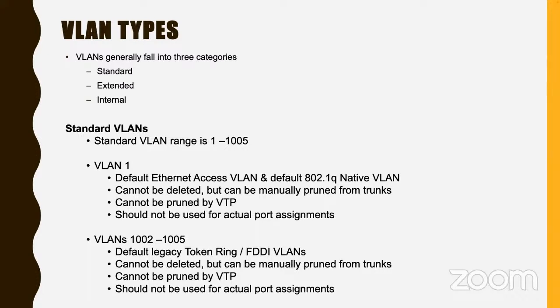Our default native VLAN, which we will cover in the next topic, trunking, is also VLAN 1. This VLAN cannot be deleted, but can be manually pruned from our trunk links. If I do not want to pass traffic between two switches over VLAN 1, then that can be pruned.